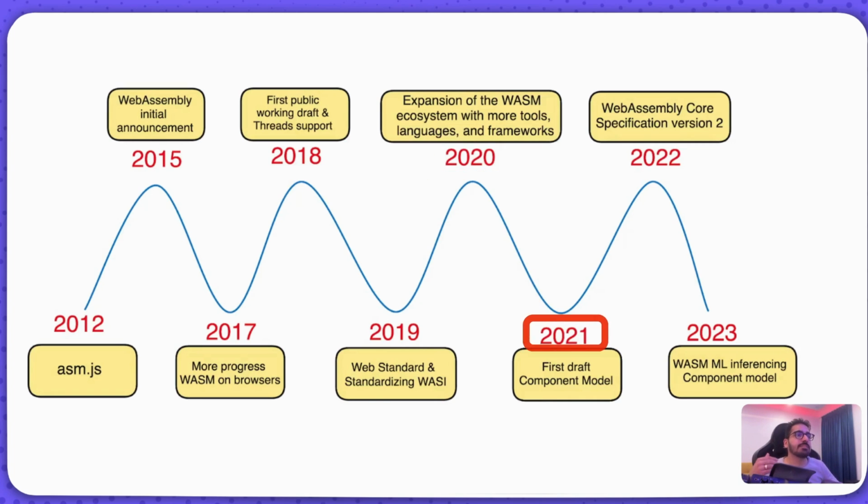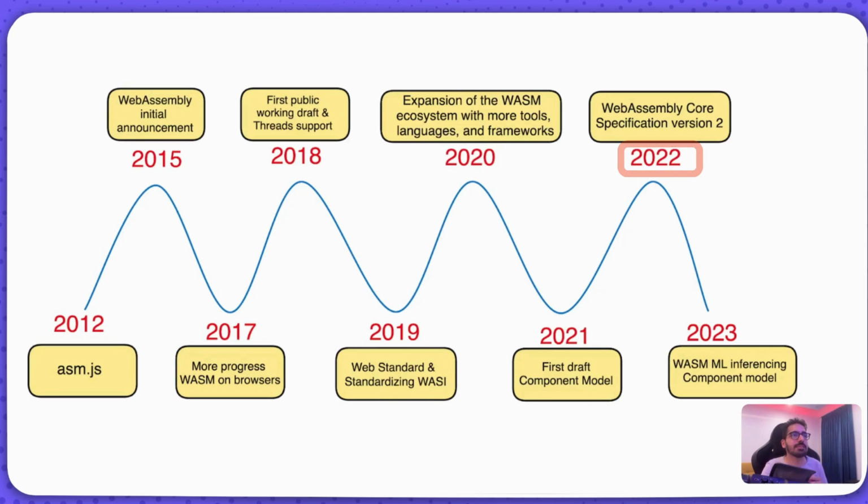In 2021 came the first draft for the component model, another very interesting thing that people are excited about a lot, and we will dive into the component model in upcoming sections. In 2022, the WebAssembly core specification V2, because as the technology matures, the demand becomes more: we want to do this, we want to do that, more and more.